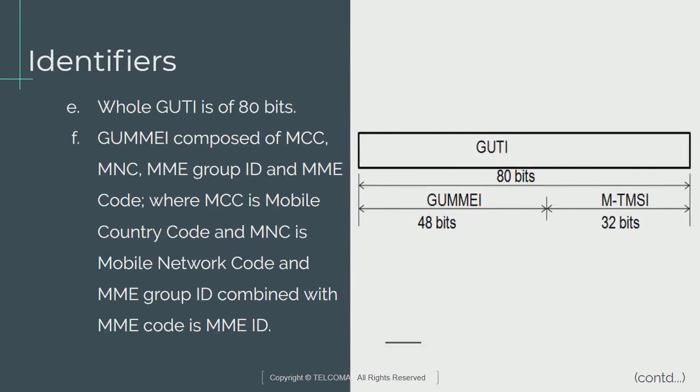The whole GUTI is 80 bits. GUMMEI is composed of MCC, MNC, MME group ID and MME code, where MCC is mobile country code, MNC is mobile network code, and the MME group ID combined with the MME code is the MME ID.